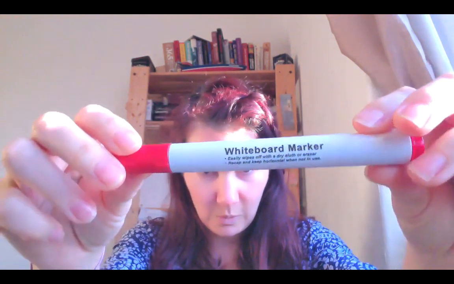Today, we're going to talk about possessives. This is my pen, or this pen is mine, and this marker is my daughter's. So this marker is hers. This is her marker, like a whiteboard marker, right?